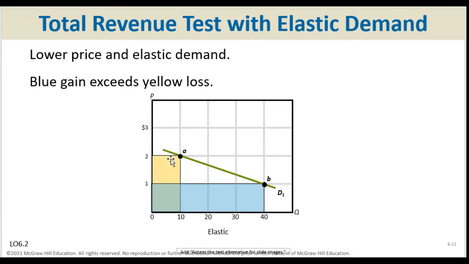So your total revenue will be 20, which is this yellow rectangular area. If you decrease the price from 2 to 1, you will see that the quantity purchased is 40. Now your new total revenue is the blue area. You can see that the gain in blue exceeds the loss in yellow, right? So this is a typical example of using the total revenue test with elastic demand.